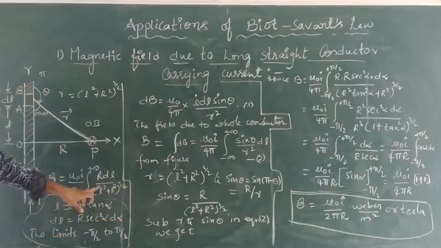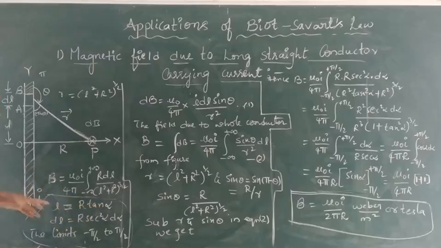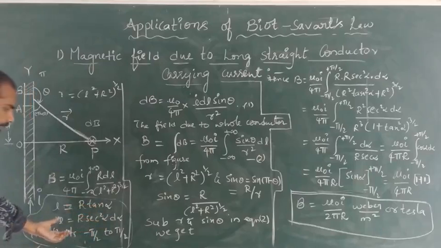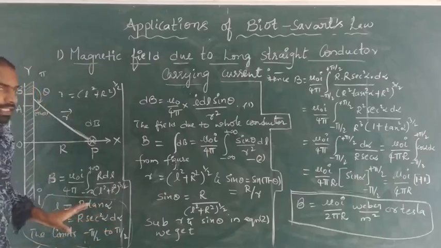Simple. We are just replacing small l by R tan alpha. When you differentiate it, you get R secant square alpha d alpha, and the limits change to minus pi by 2 to plus pi by 2.